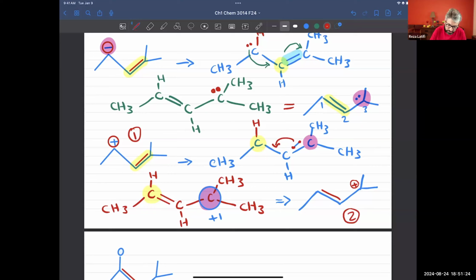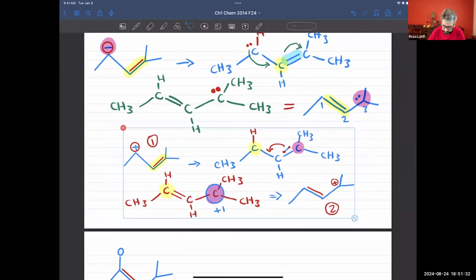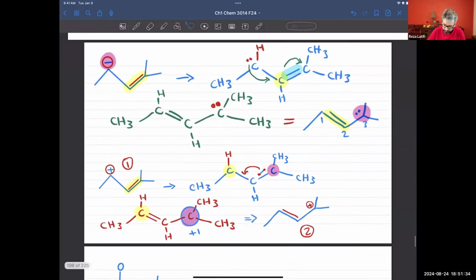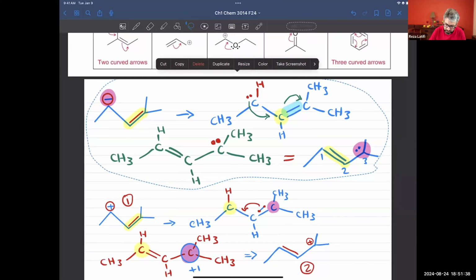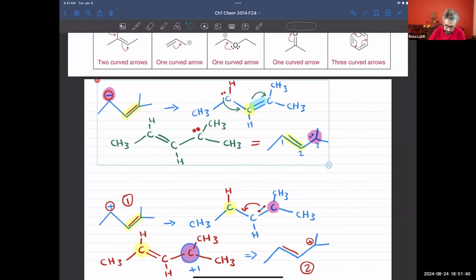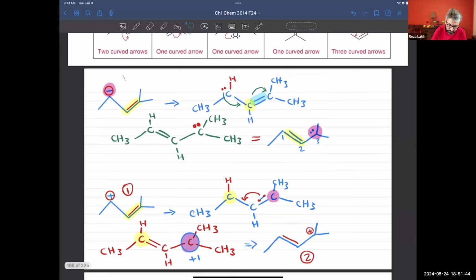Let me shrink the size here just to make it more clear. The top one as well. So top one, we started from here. This is number 1, and that's number 2.